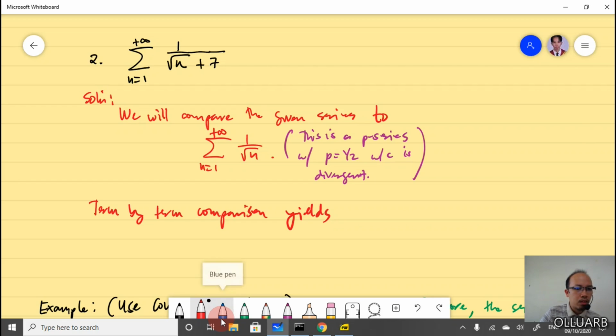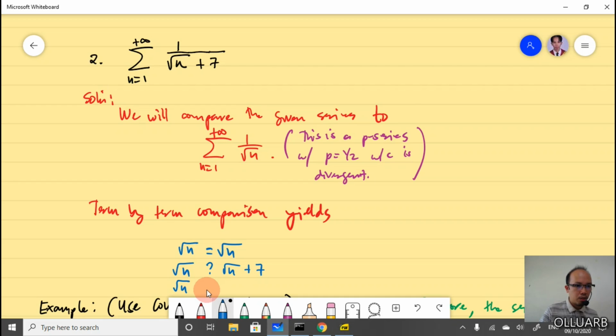We know that square root of n is equal to square root of n. But what if you add 7, which is bigger? Of course, the bigger one is the right hand side.